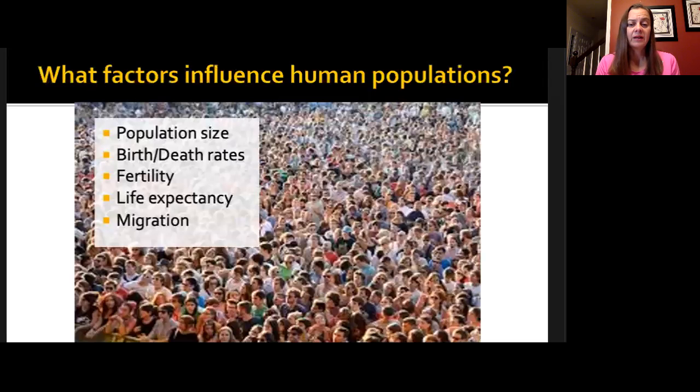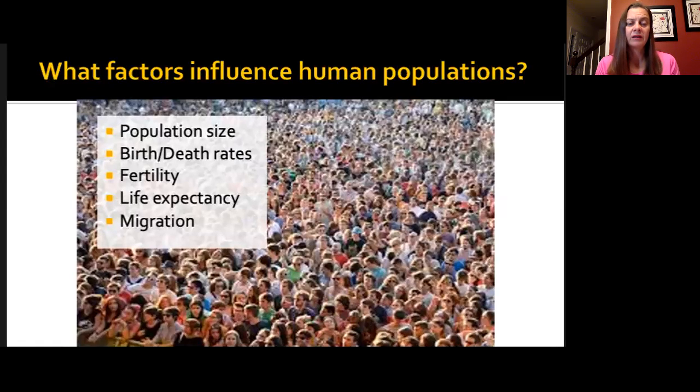So, those are the factors that influence human populations. We know about the factors that influence animal populations. Let's talk about human populations. The population size itself influences the rate of growth of human populations. Also, birth and death rates. As we have higher birth rates, that's going to increase populations.